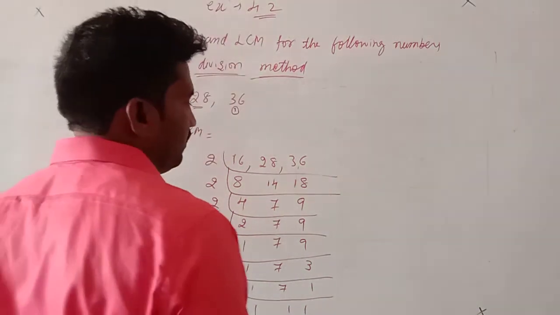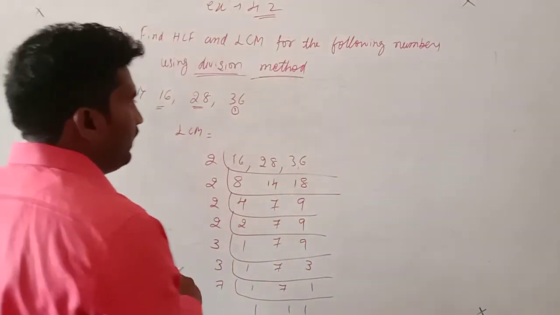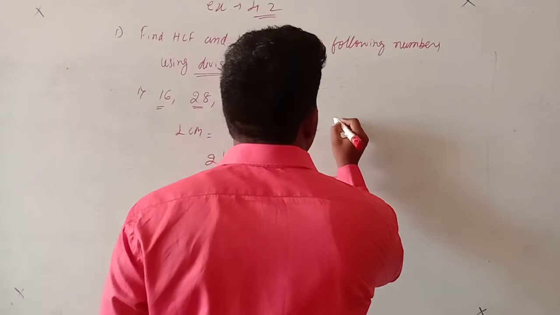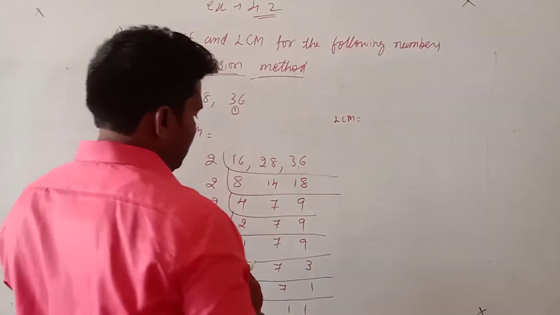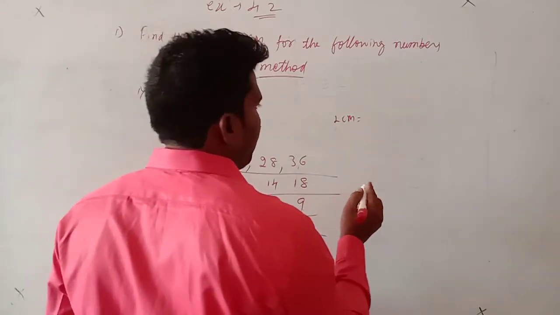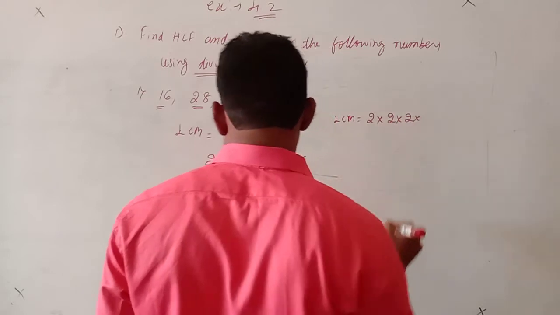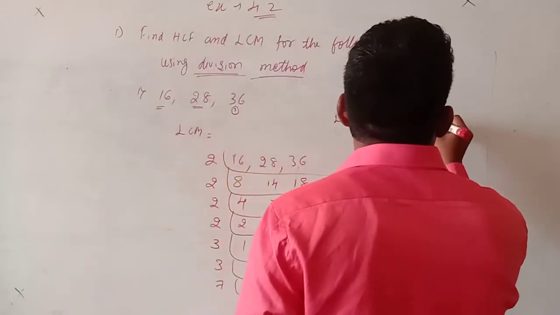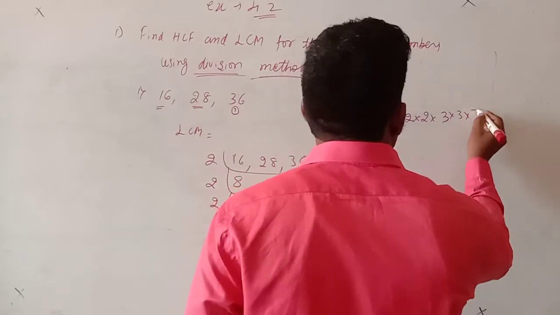So we have to multiply all these factors. So when multiplying, the LCM is 2 into 2 into 2 into 2 into 3 into 3 into 7.